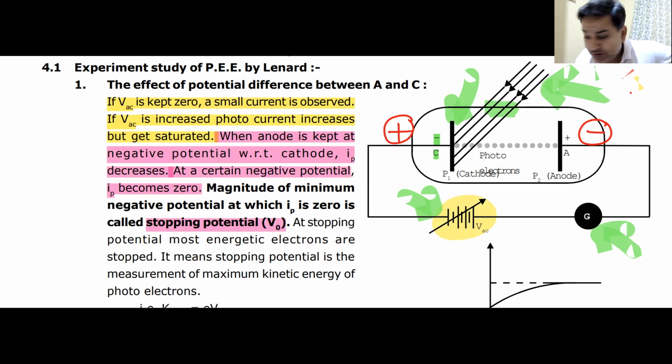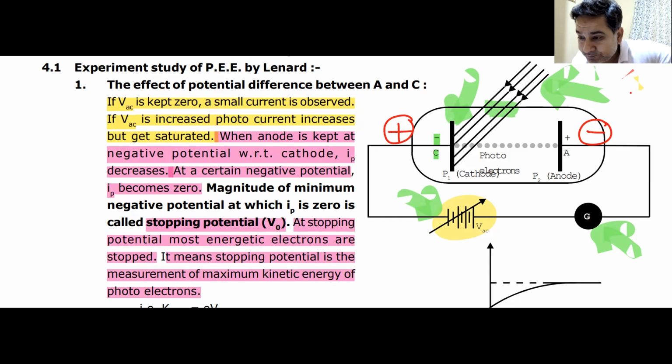That is what you have to understand. At this stopping potential, the most energetic electrons are stopped. It means that the stopping potential is the measurement of the kinetic energy of photoelectrons. You may not understand the last line that I've read, but do you understand the meaning of stopping potential?